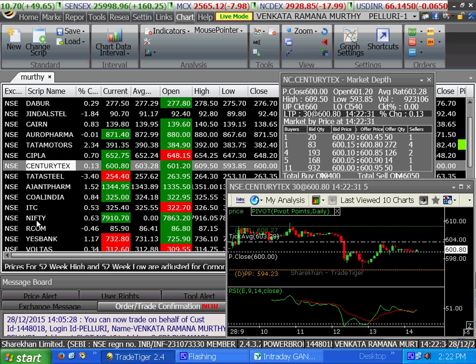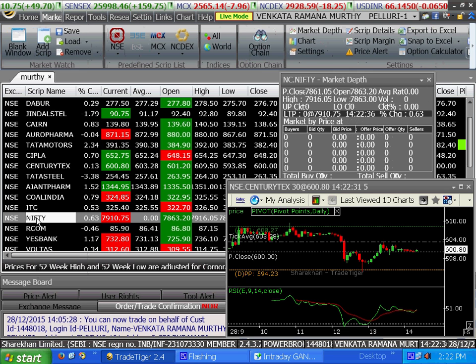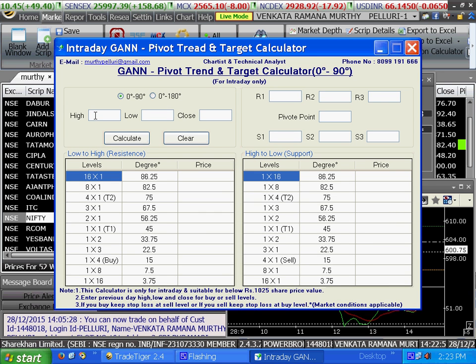First of all we have to take the example of Nifty. We take the last traded date, 24/12/15, high, low, close. I am entering the previous day, 24/12/2015.